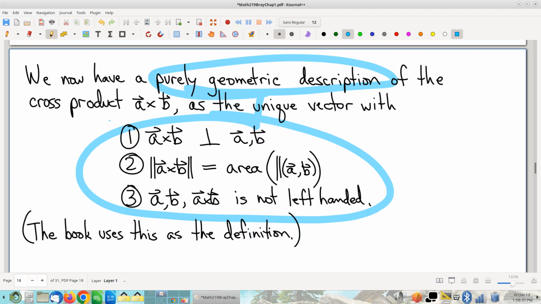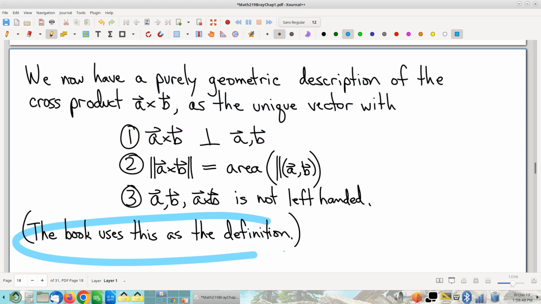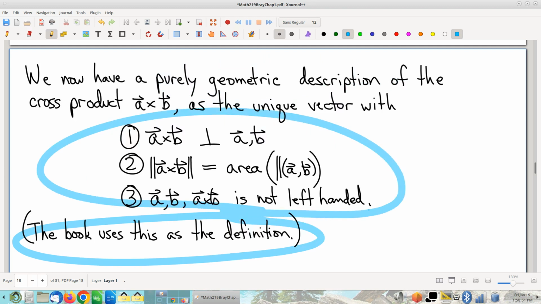The textbook, and many books, go through all of this in a totally different order. Our textbook, in fact, makes this the definition. You'll notice in this section, when they say cross product the very first time, they define the cross product as the unique vector that satisfies these three properties. And then from these geometric properties, it derives all the other properties and the formula that we started with.